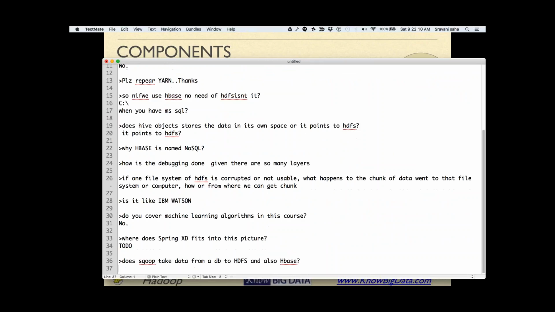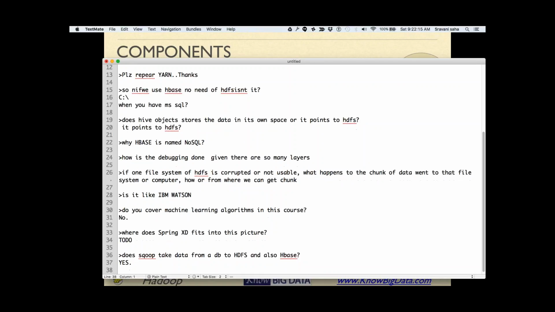Does Spark take data from HDFS? Yes, very good question, Mahesh. The beauty of Spark is that it can read data from Hadoop distributed file system, Cassandra, HBase, MongoDB, probably everywhere. Okay.